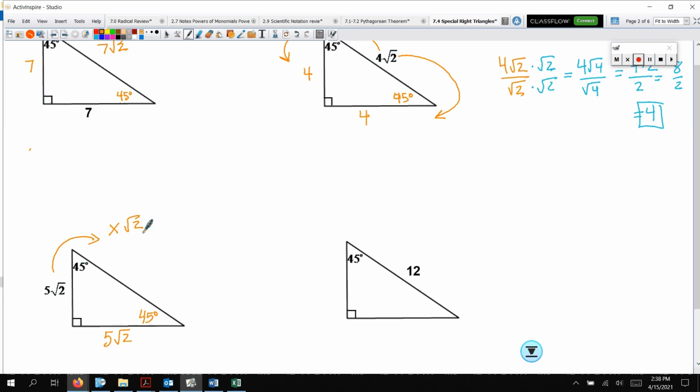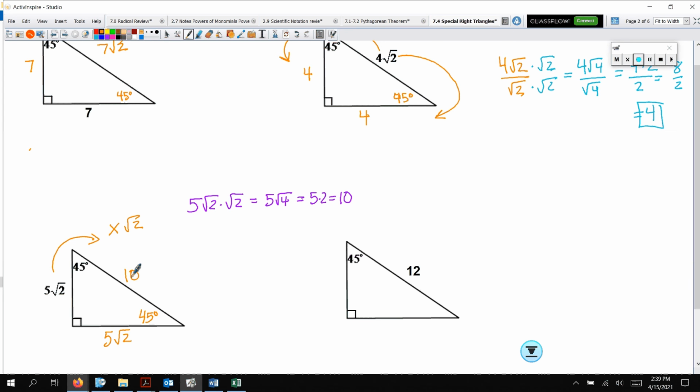So I'm going to take the leg, 5 root 2, times root 2. This gives us 5 root 4, which is really 5 times 2, which is 10. That was crazy. But don't worry, if you're freaking out, you just need to practice, and then you'll be fine.